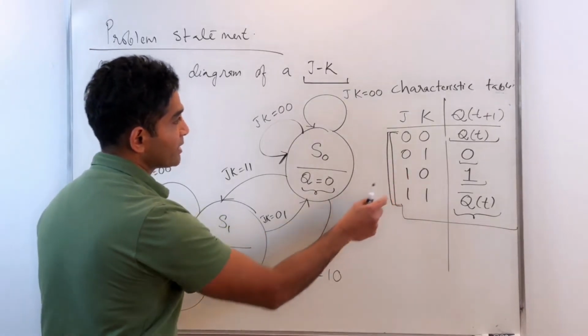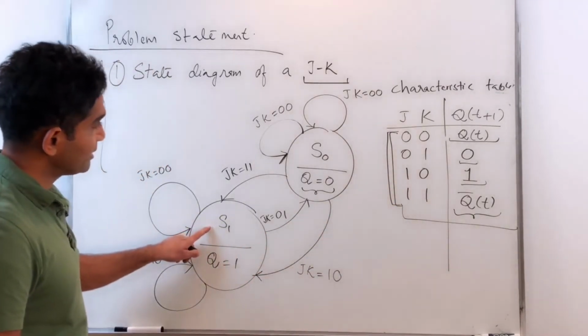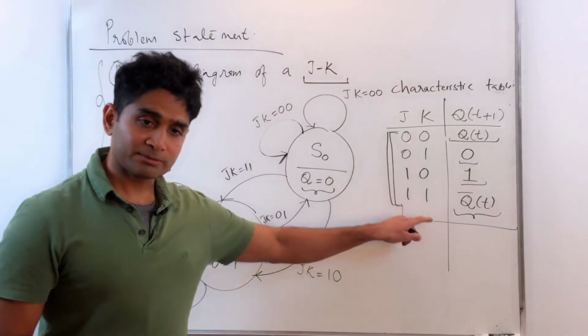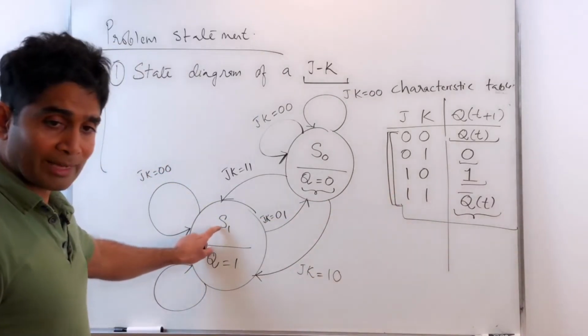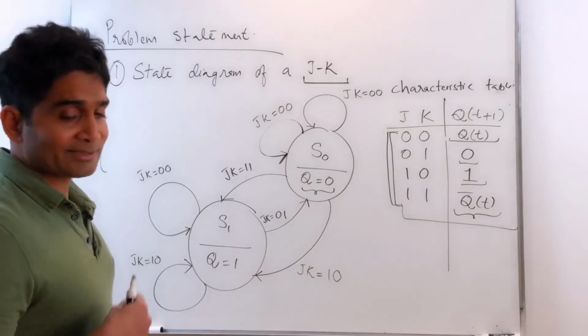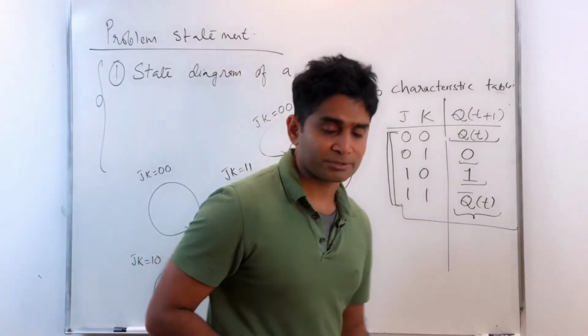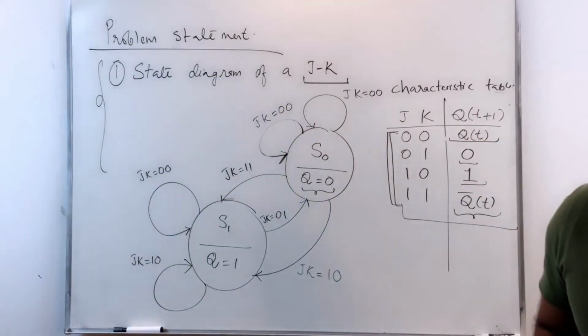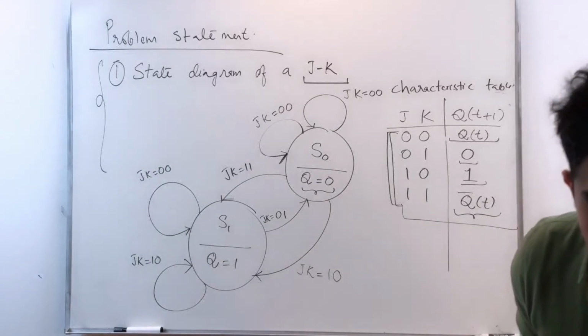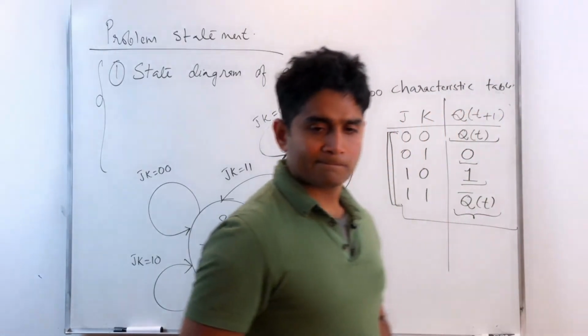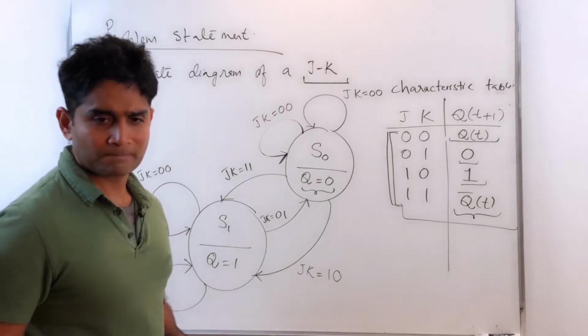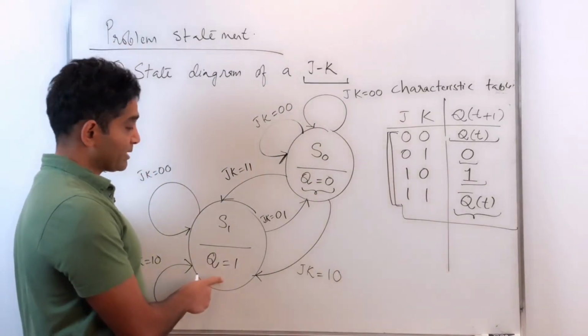And finally, with JK equal to 1, 1, I'm in S1 state, input of 1, 1 occurs. When I'm in this state, the next state, what should that be? How should I transition? Should I remain in the same state?